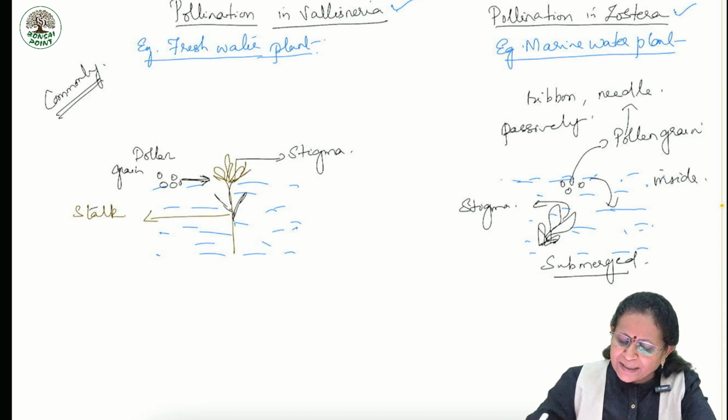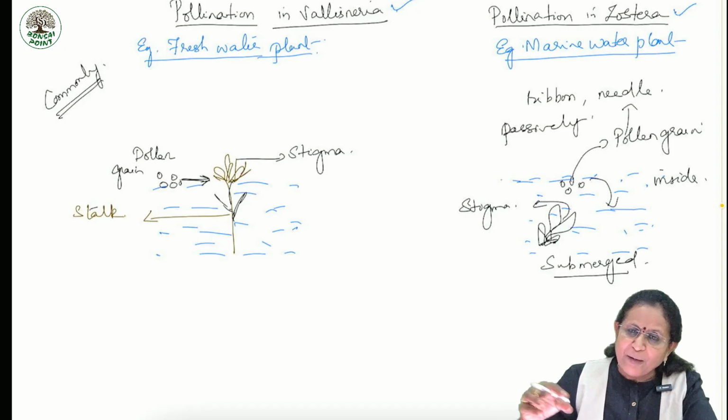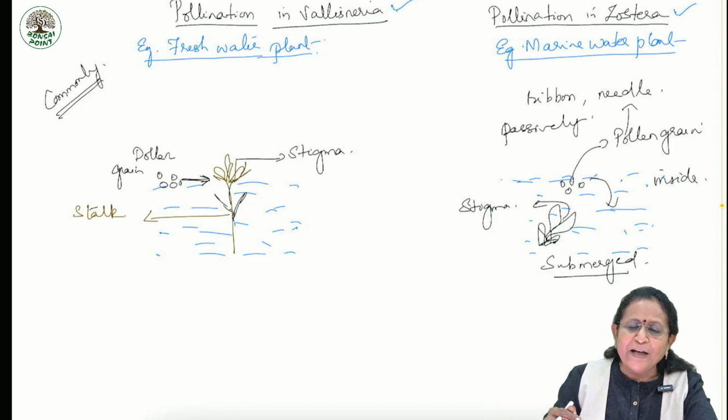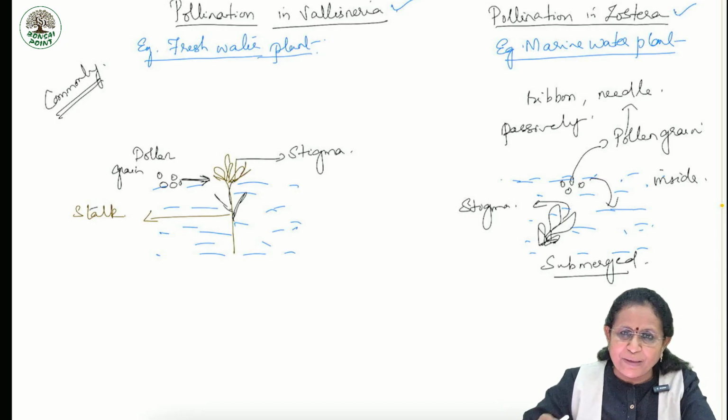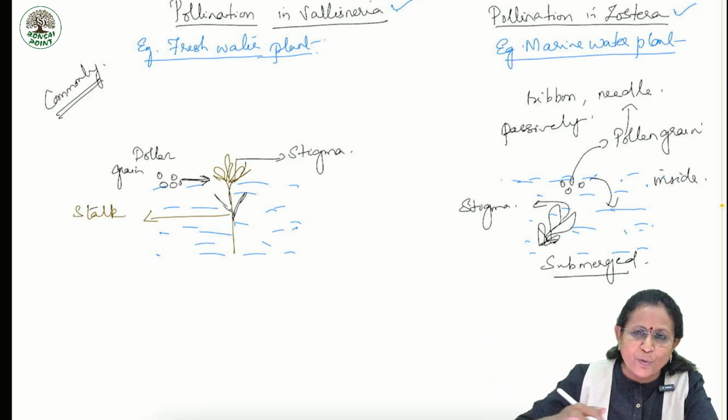Now on the other hand, in case of Zoostera, the flower is submerged. Thereby, the pollen grains that are produced must move inside to reach the stigma of the flower and bring about pollination. So in nature, the pollen grains of such plants are ribbon-like or needle-like so that they can cut the water and go inside.